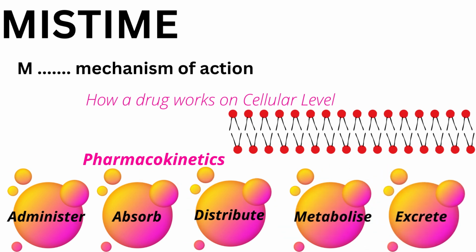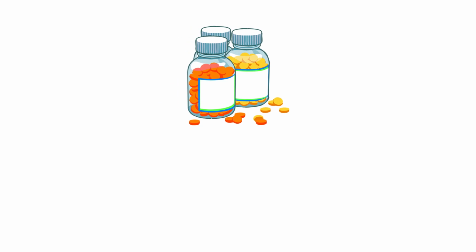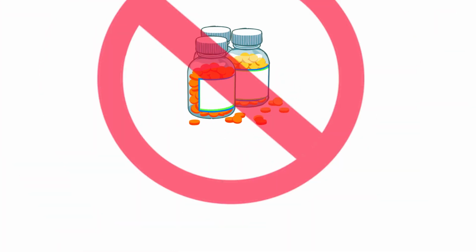This is very important to know, as it will also highlight and help you to understand the physiology of why some drugs will cause some of their unwanted side effects, or why we may not be able to give the drug to particular patients.